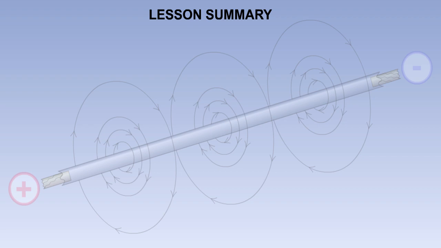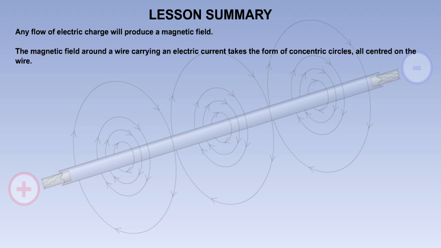Here is a summary of the important teaching points which have been made in this lesson. Any flow of electric charge will produce a magnetic field. The magnetic field around a wire carrying an electric current takes the form of concentric circles, all centered on the wire.